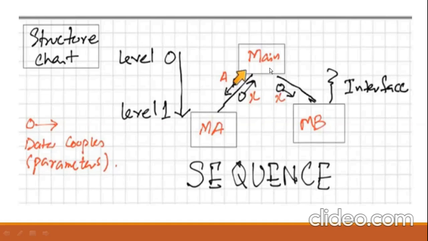So here you can see that the main module will first call submodule A because it is on the left-hand side, and then it will call submodule B. Whenever the sequence is not explicitly given, we follow this default sequence of execution. That is, the left side is always executed first before the right side.